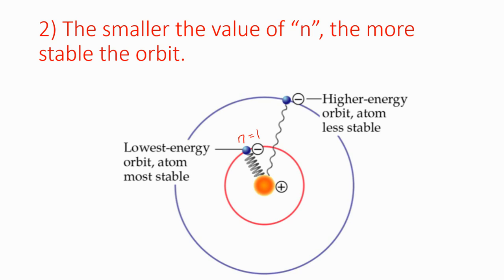Because it has a strong attraction for the nucleus and therefore is stable, and is as low in energy as an electron can be. If I have another electron that is in an orbit that's further away from the nucleus, then by definition, it has a weaker attraction for the nucleus and therefore is less stable and is also higher in energy. So the smaller the value for n, the more stable and lower the energy that electron is going to be. So the electron is really defined by what orbit it's in.